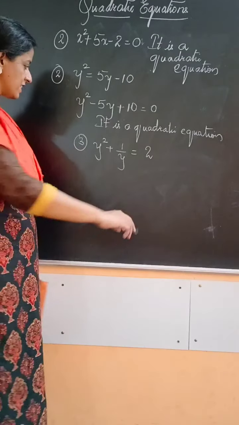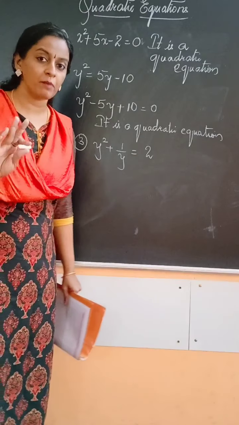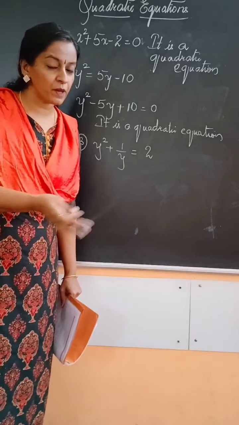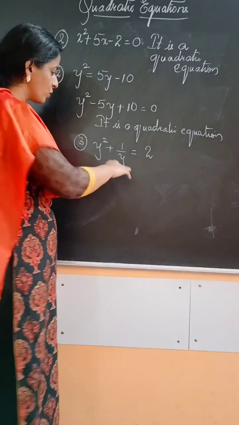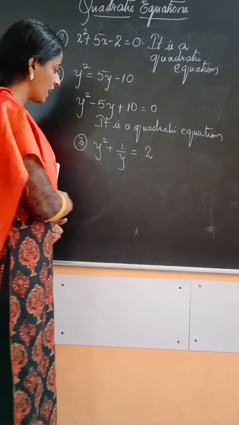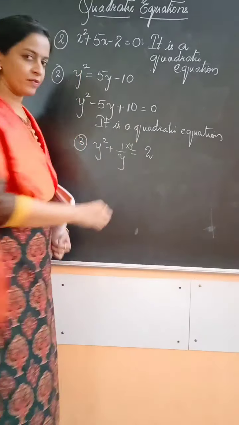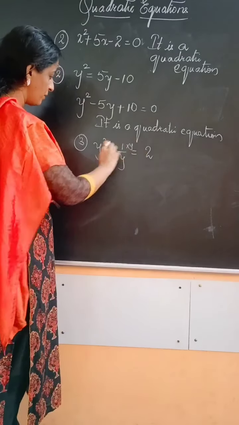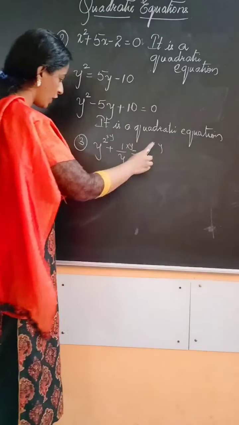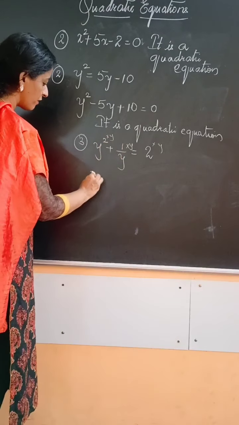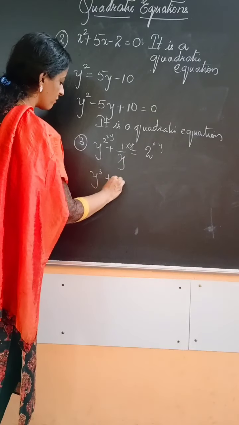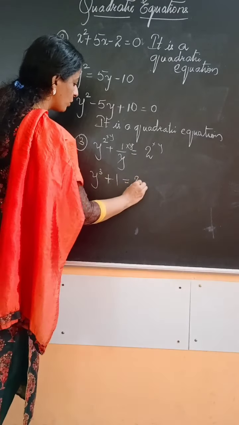Here we are not in favor of keeping the variable as denominator. From the previous experience, whenever you see the variable y in the denominator, we multiply by y. If you are multiplying one term, then you have to multiply throughout. So y square into y will be y cube, plus y cancels, so this will be 1 equal to 2y.